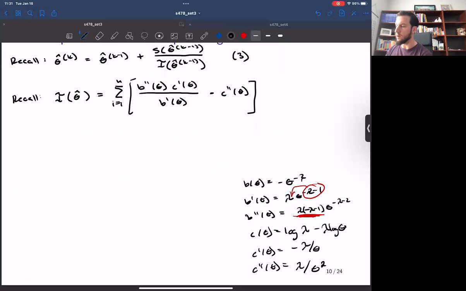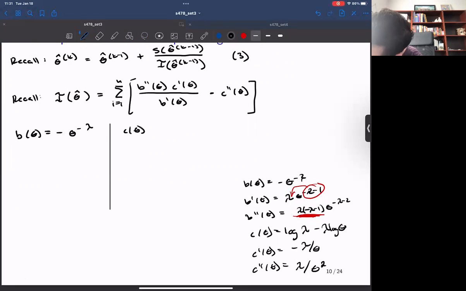So we need double derivatives with respect to b theta and c theta. We have b theta is equal to negative theta minus lambda, and c theta is equal to log lambda minus lambda log theta.